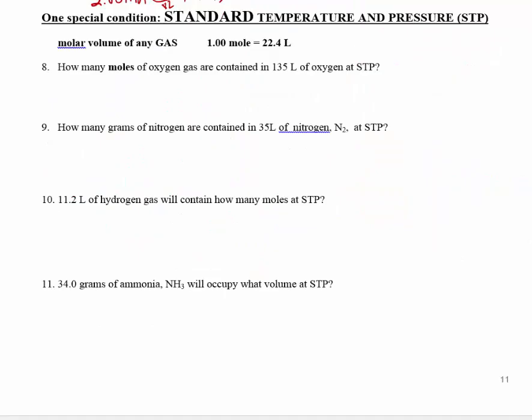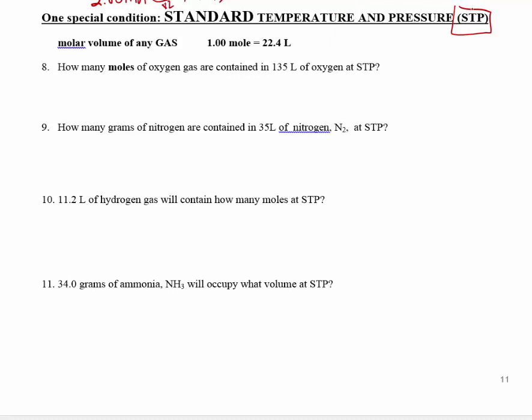Okay, so now we're going to look at a special condition, STP again. When you see STP, I know that I'm going to know a specific temperature and pressure. But it can also be a shortcut, because it takes into account Avogadro's principle.